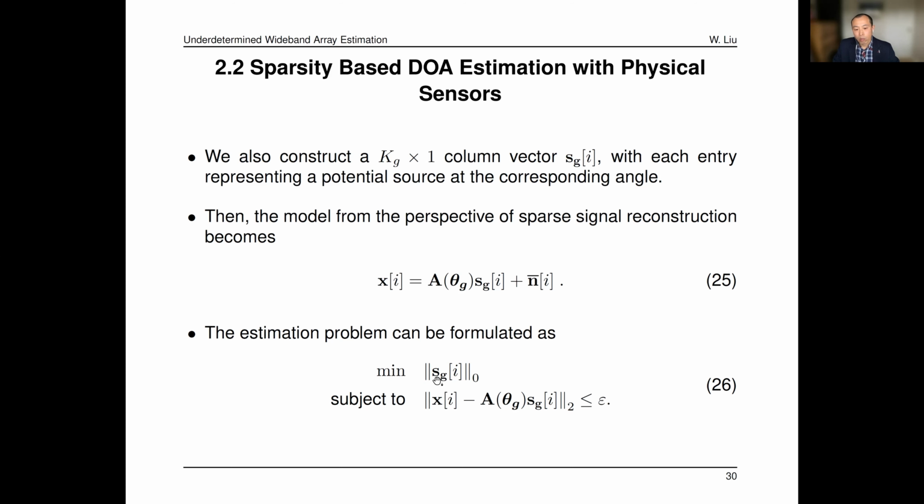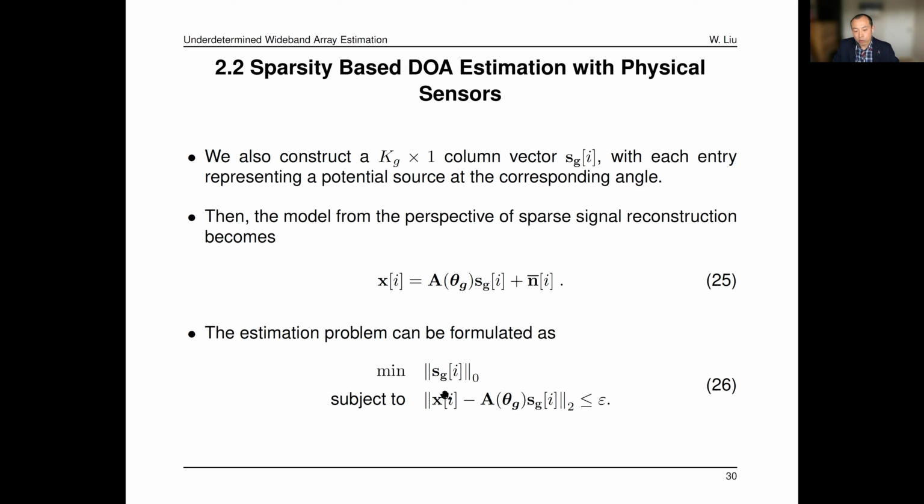Then the idea is that we minimize the L0 norm of s_g[i], which is basically the number of non-zero valued entries. If you have 5 signals coming, then although the dimension is 1,000 times 1, actually only 5 of them are non-zero valued. So you minimize the number of non-zero valued elements, subject to the reconstruction error.